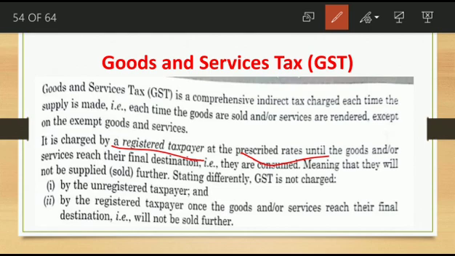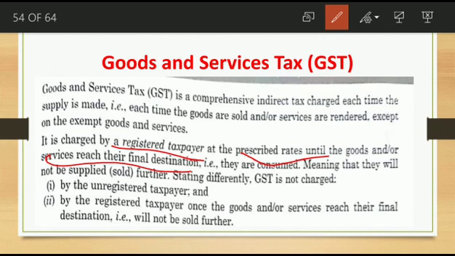When these items are consumed by the consumer, that means at the time of purchase, when the goods or services reach their final destination, the tax is charged. So the tax is charged up to the last destination.